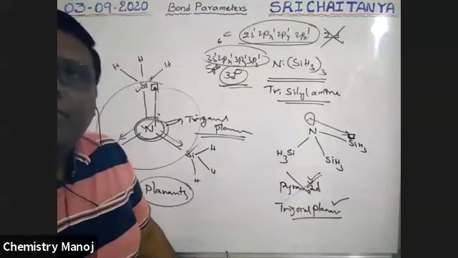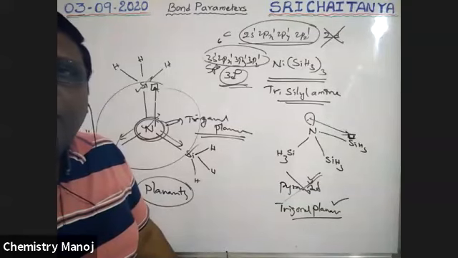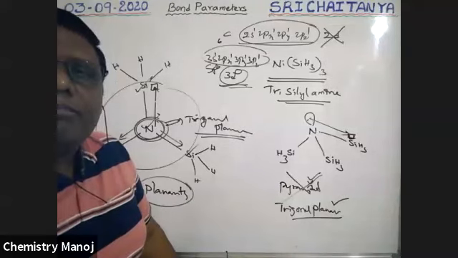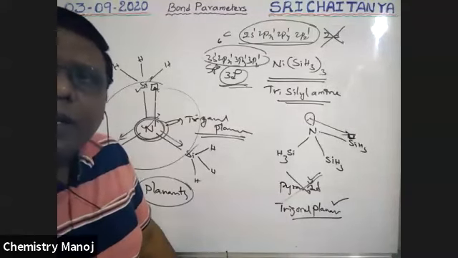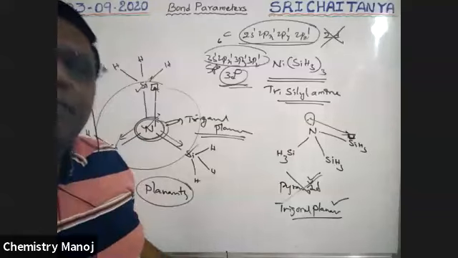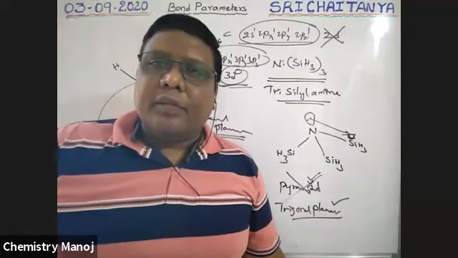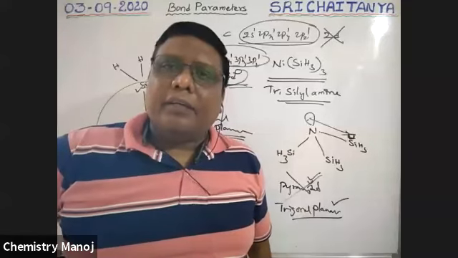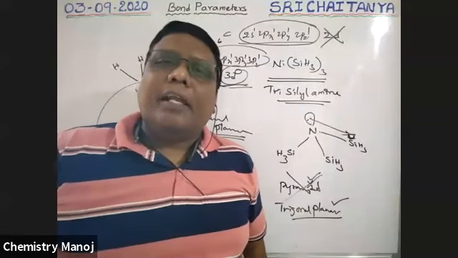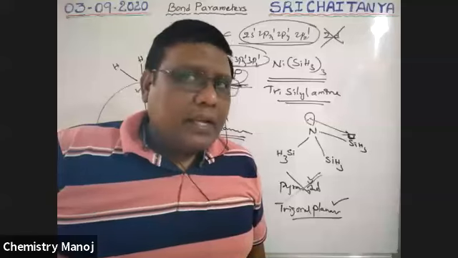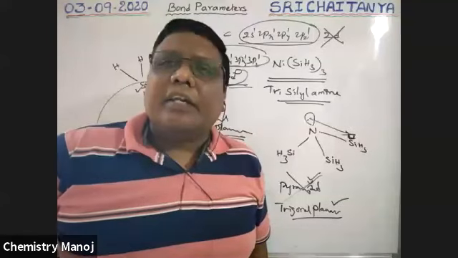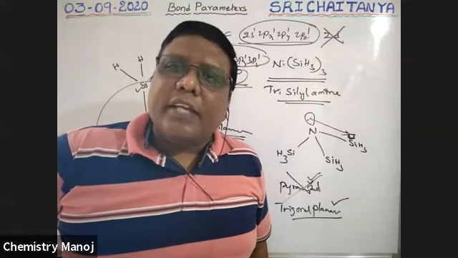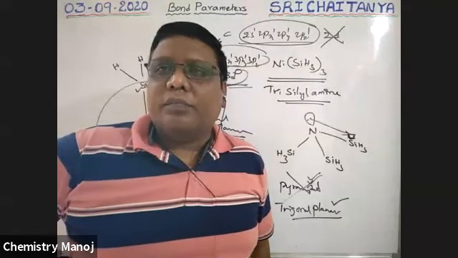Yes, trigonal planar. But in N(CH3)3, trimethylamine, the shape is pyramidal. Here in the silyl compound, the nitrogen is trigonal planar because of back bonding. That means back bonding influences the structure of the molecules.